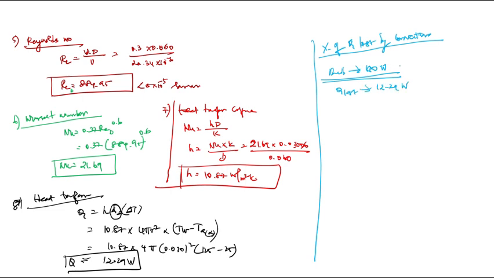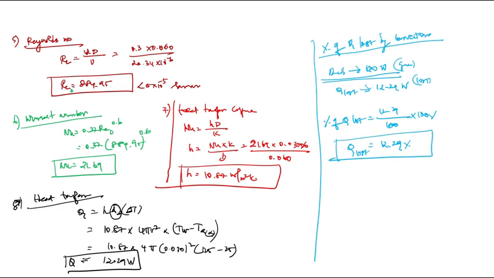So the percentage of heat loss is 12.29 divided by the input, 100, into 100 percent. So finally you get 12.29 percent of heat loss by convection for a bulb having a capacity of 100 watt.